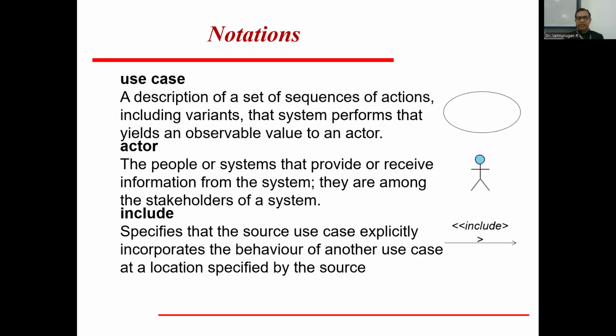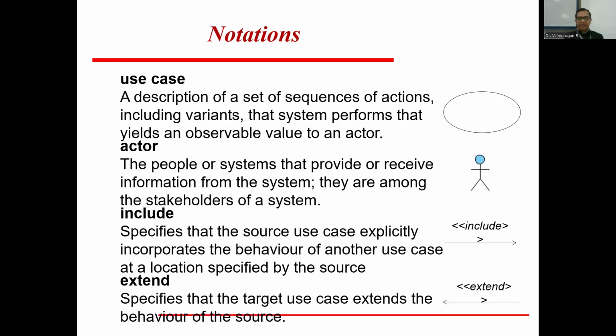Then we have an actor, which is a stick figure. Whenever a stick figure comes into the picture, it indicates a human. Here it might be a human, or it can be another part of the system. It may be another entity or another part of a given system. And we have two different stereotypes for use cases: include and extend.